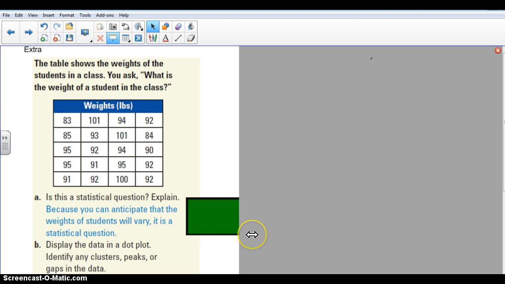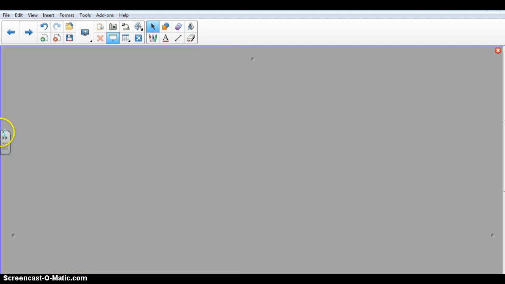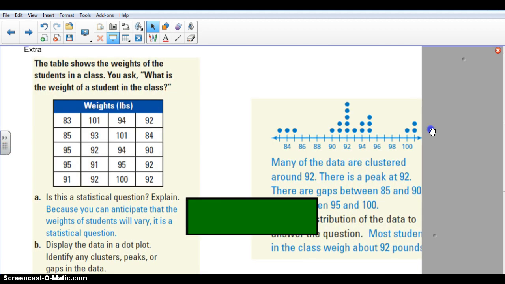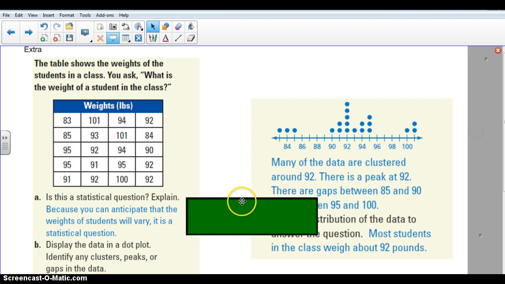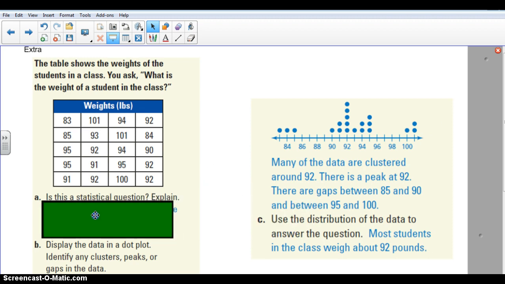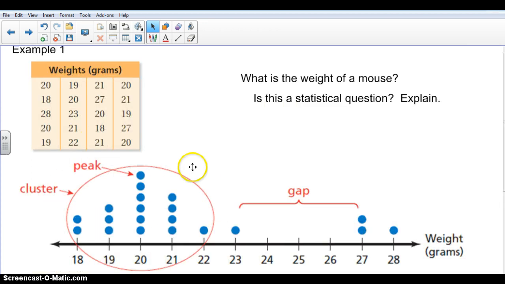Now, here it says display the data in a dot plot, identify any clusters. We're going to take a look over here, move this back. Okay, so this is what your dot plot would look like. You could have also drawn like they did in the example right here.